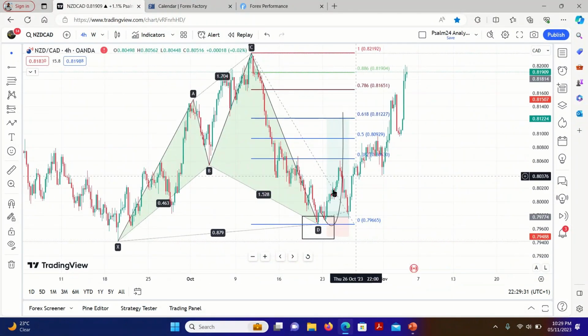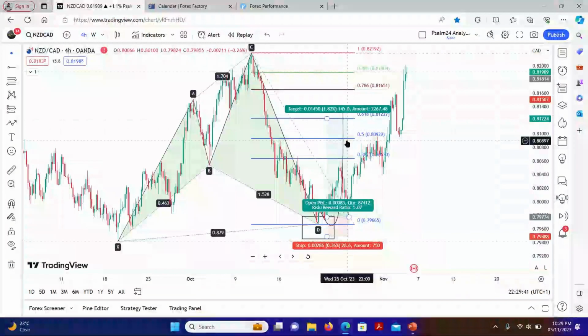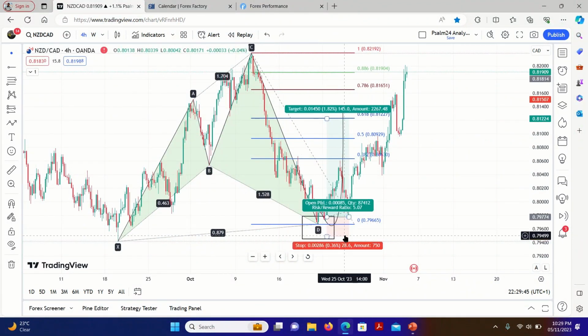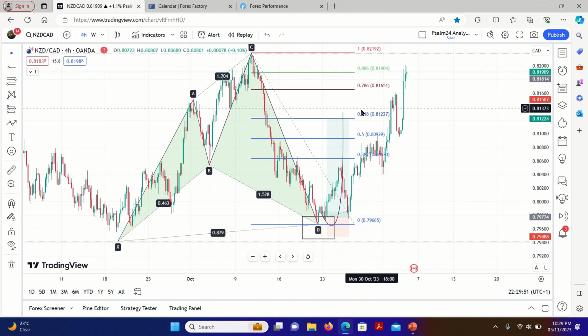So this was a perfect trade. I said we're going to see this move to the upside, and that is it. This is not always the case with harmonic patterns. You can get half, you can get 30% of the entire pattern, but for us, we were a bit lucky. We got about 5 RR, which was a positive move, and then we only came out outside here.